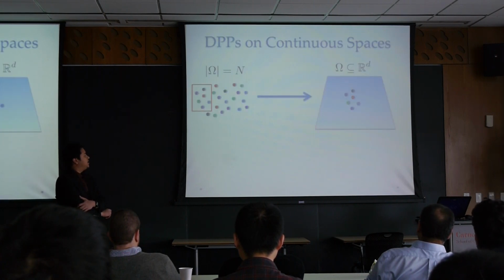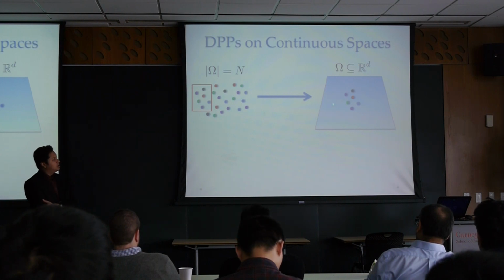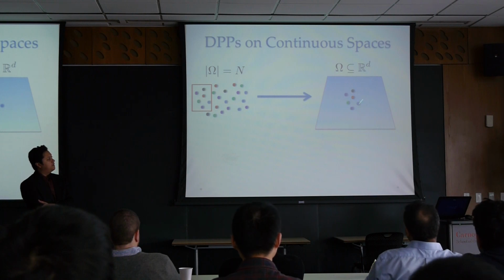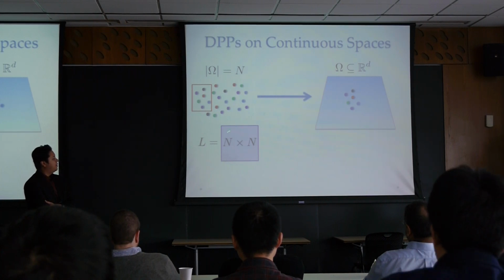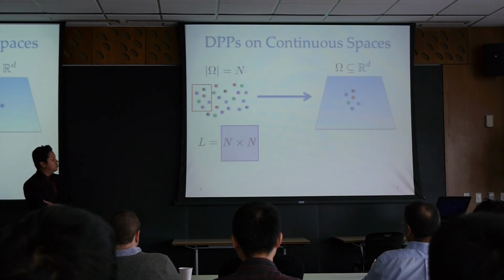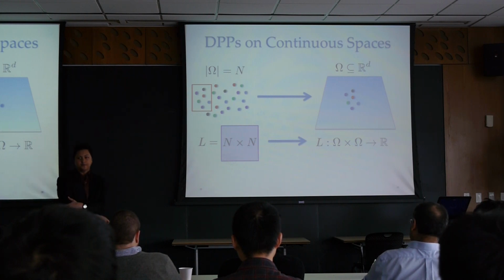Now, instead of looking at n items and choosing a sub-collection from the items, we want to look at the probability of a specific point configuration from that space. So now we're going from an n by n matrix to a kernel operator.